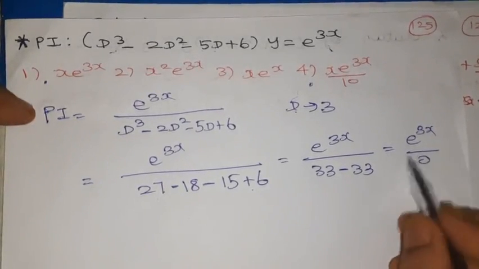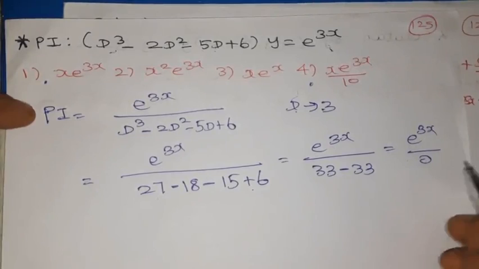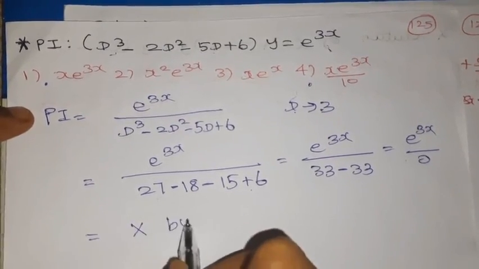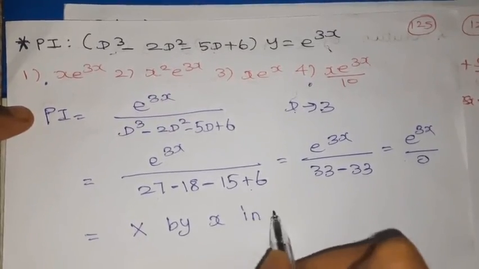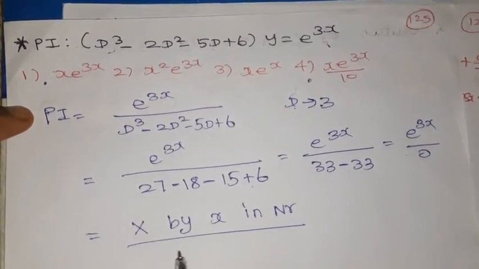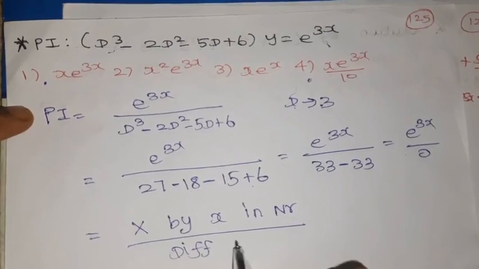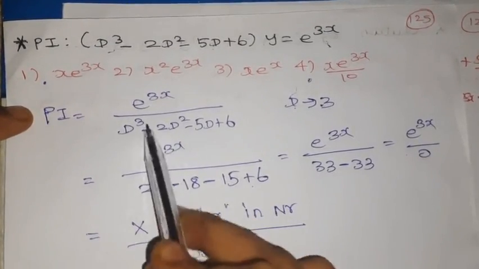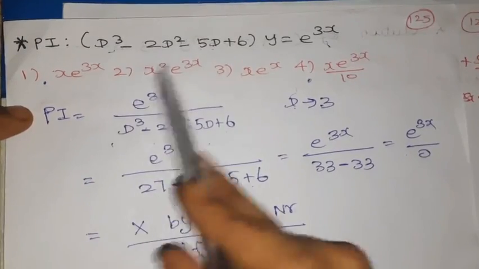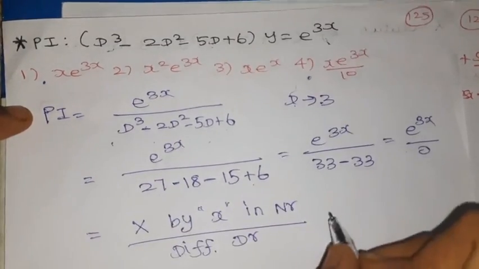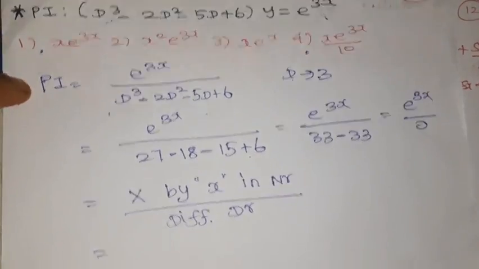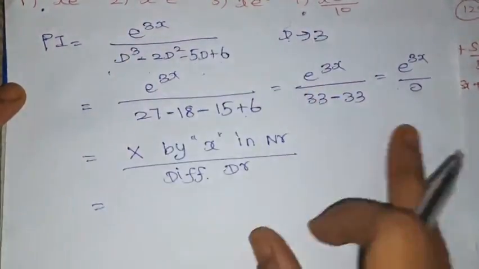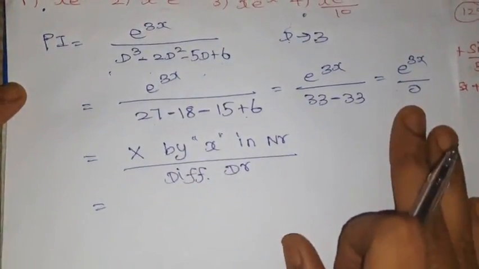Whenever the denominator becomes 0, we need to use one shortcut: multiply by x in the numerator and differentiate the denominator, then proceed with the same steps. Otherwise, this substitution only gives an infinite value.